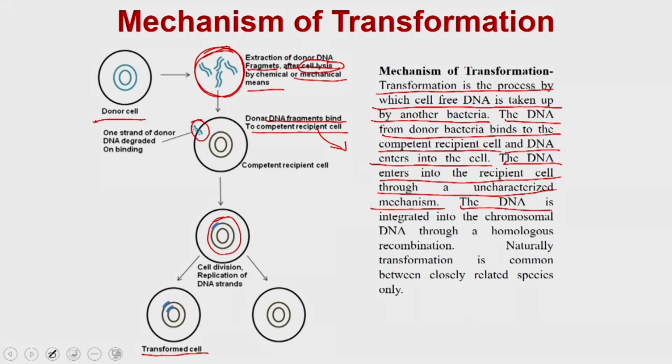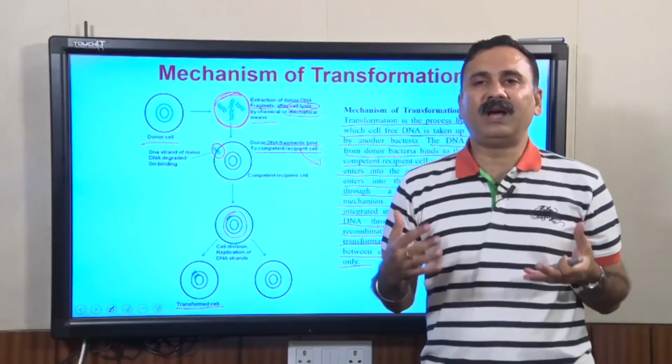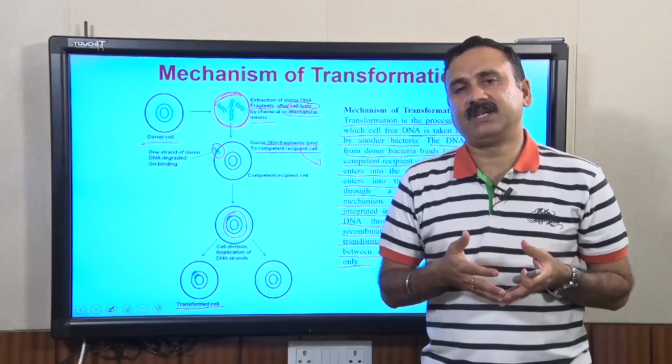which is present as a single-strand DNA is integrated into the chromosomal DNA of the recipient bacteria through homologous recombination. It has always been observed that natural transformation between the donor and the recipient cells occurs between related species, and we have already discussed why it is so, because closely related species are going to have a similar kind of restriction modification system.